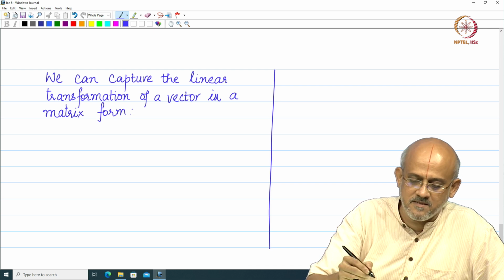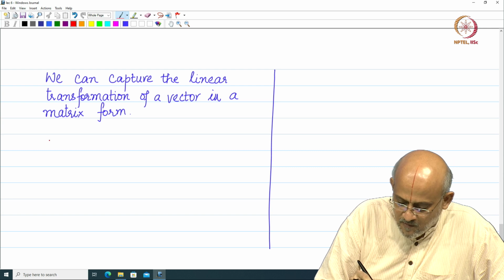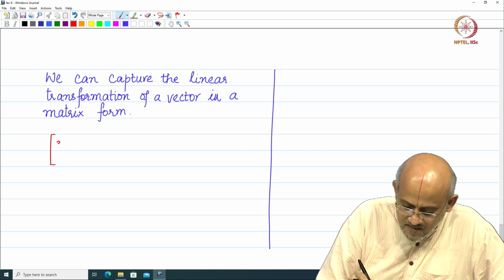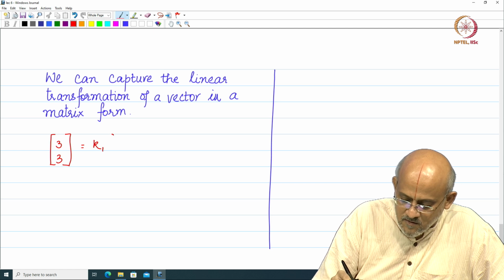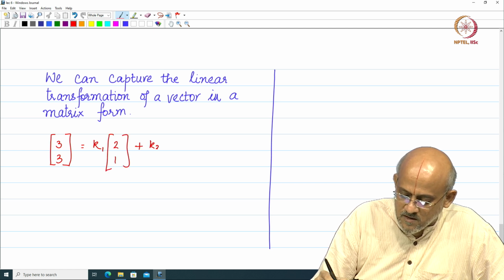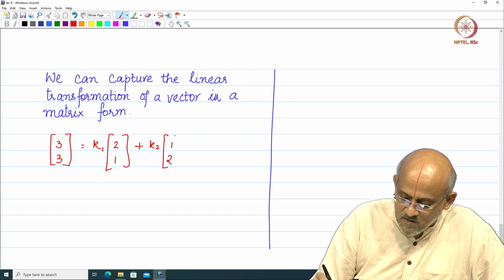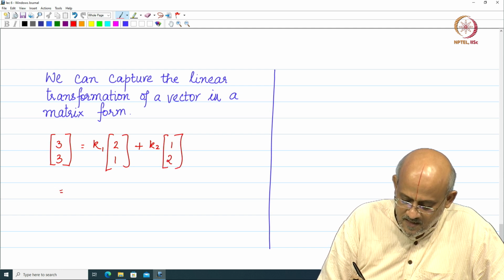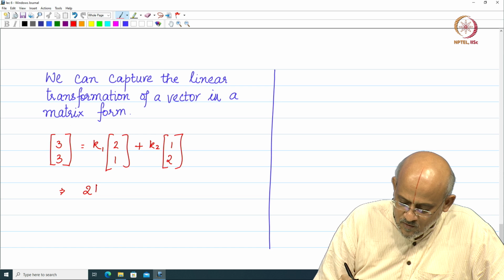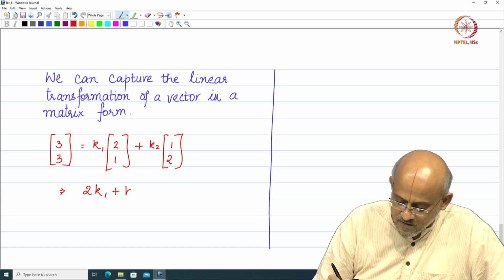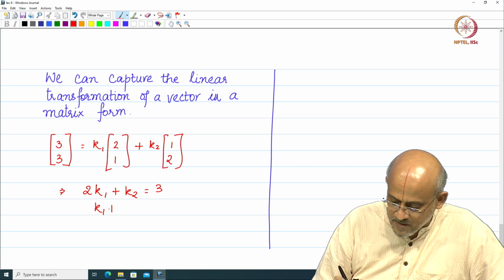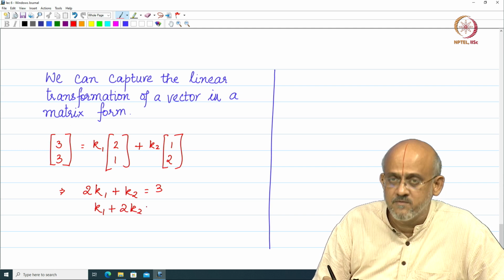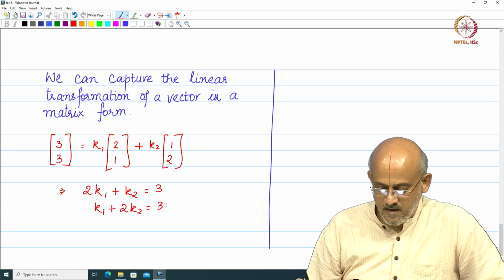Now, how do we capture this? For example, we wanted this vector (3, 3) to be written as k1 into (2, 1) plus k2 into (1, 2). So what we see here is I can rewrite this as 2 k1 plus k2 is equal to 3 and k1 plus 2 k2 is equal to 3, right.